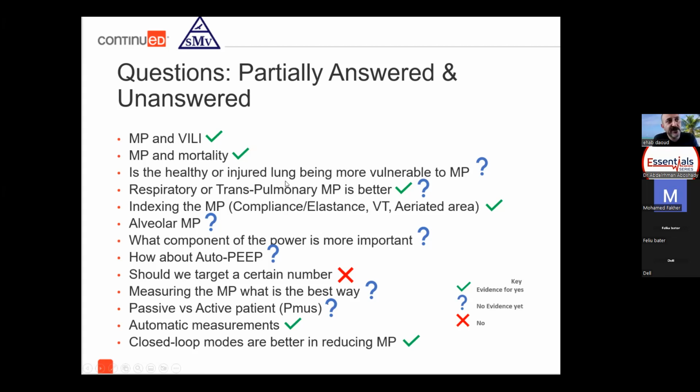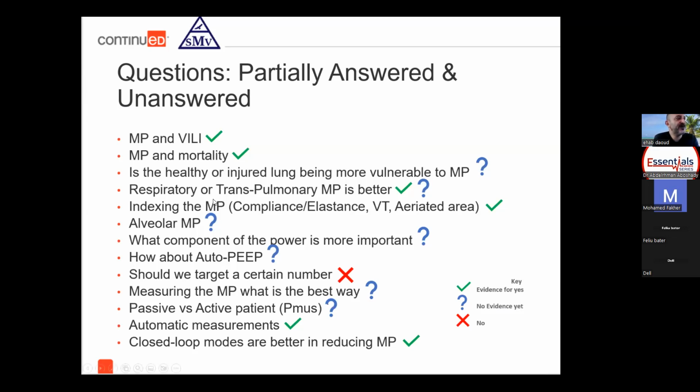Actually, it's very conflicting, and there's not much research behind it. I'm sure it will come and we'll know. But just based on 2 physiology books, one suggested that the healthy lung is more prone to lung injury, but another said that probably the already injured lung is more vulnerable to injury. I don't know the answer.